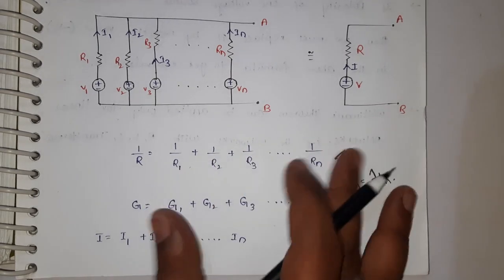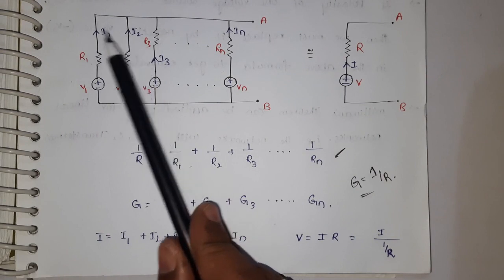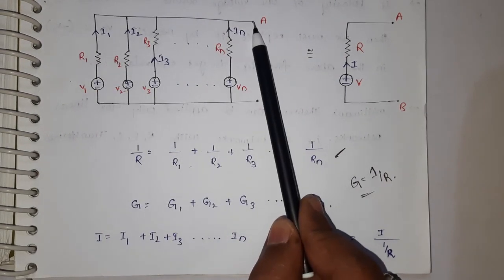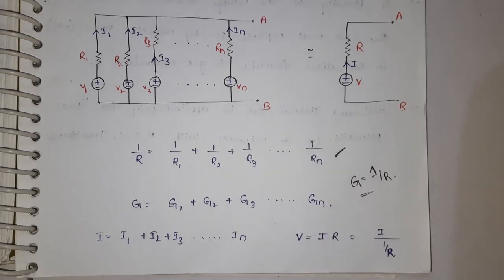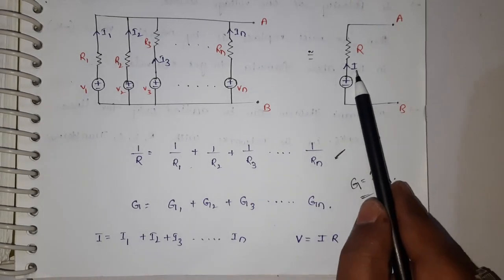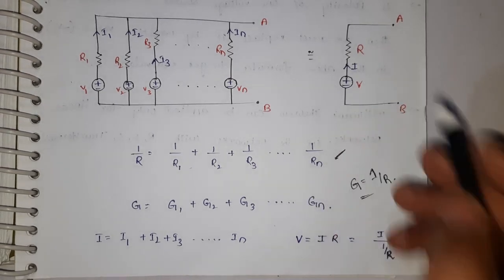If we observe this diagram properly, the currents I1, I2, I3 are all going to this particular node A. So the sum of all currents is the total current in this circuit, I equals I1 plus I2 plus I3 and so on In. What is V?